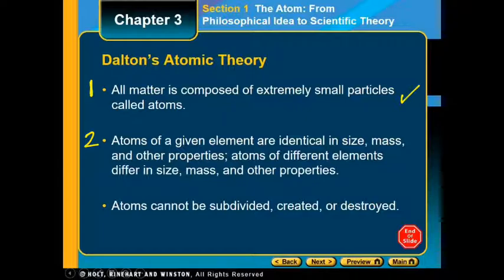So that second part is true, but since Dalton's time, and we'll get into more of this a little bit later on, I'm going to put a big X on this top part because it says atoms of a given element are identical in size, mass, and other properties. We now know that most elements, that does not hold true, and it's because of isotopes.